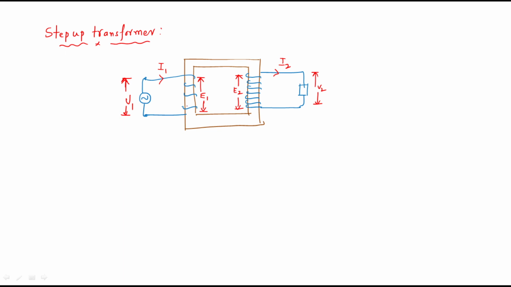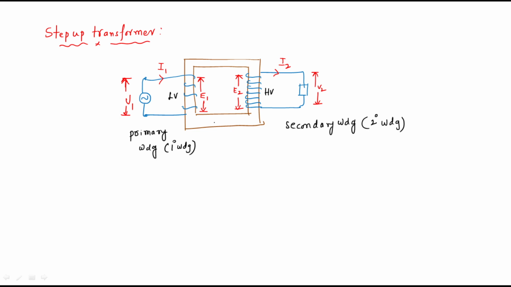So step up means what? The number of turns in primary winding should be less than the secondary winding. So simply this is LV, this is HV, that is primary winding, you can say, and this is secondary winding.